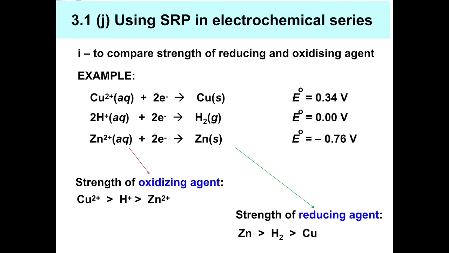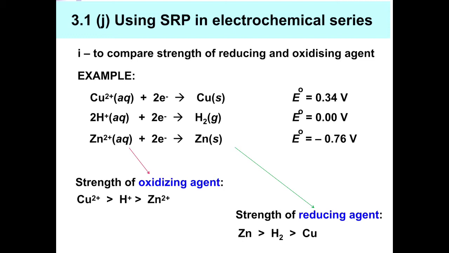We can use the electrochemical series to compare the strength of reducing and oxidizing agents, as the example follows. We have three species, Cu2+, H+, and Zn2+. If we are referring to the left of the equation, which are the reactants, we are referring to the oxidizing agent, where the more positive the value of E0, the stronger the species as an oxidizing agent.